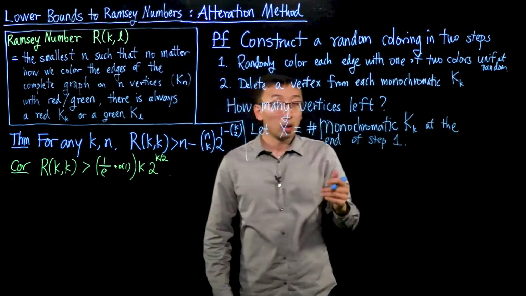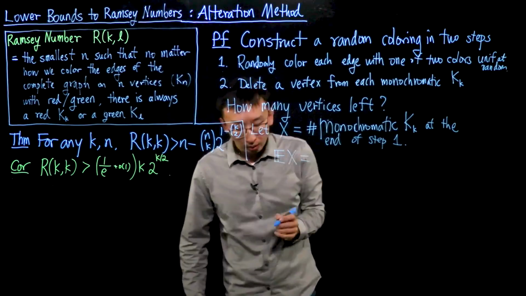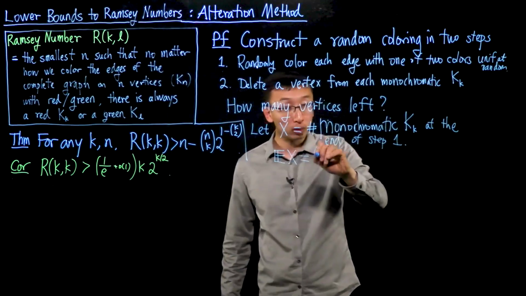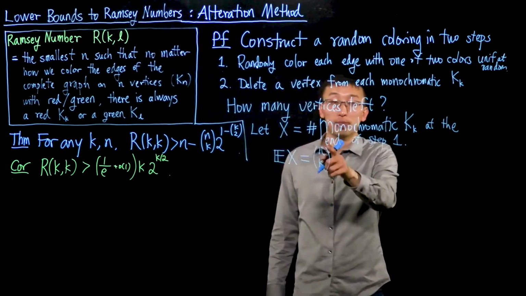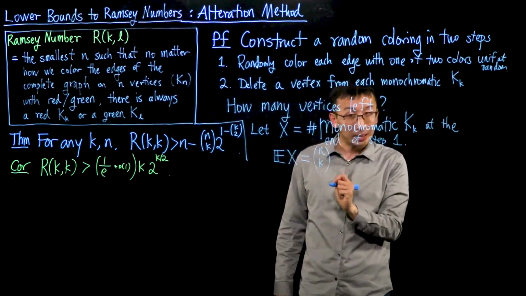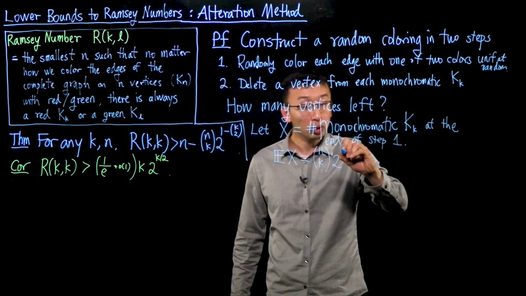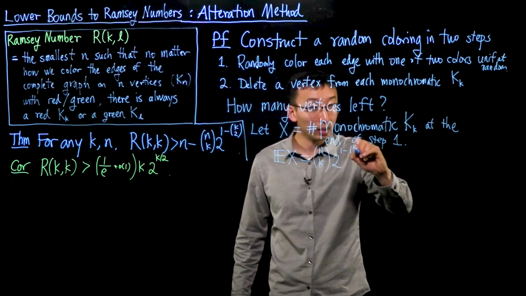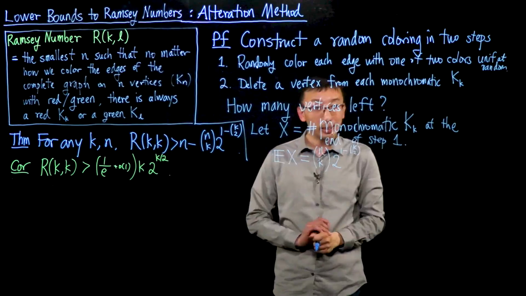Well, the expectation of x can be computed as follows, which is a very similar calculation to what we did earlier. There are n choose k possible k-cliques, and each one of them is monochromatic with probability 2 to the 1 minus k choose 2. So that's the expected number of monochromatic k-cliques.